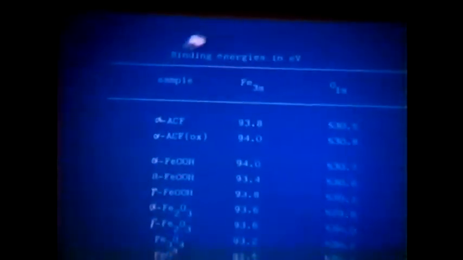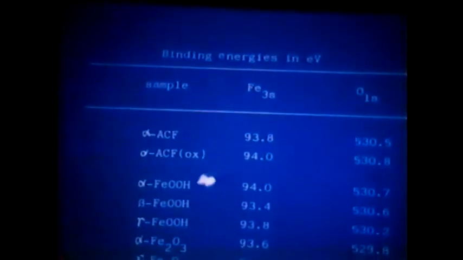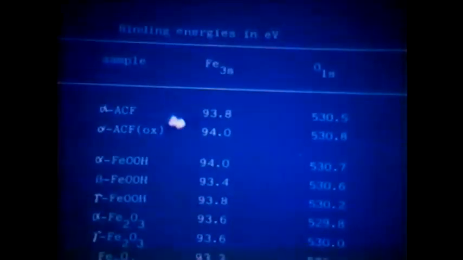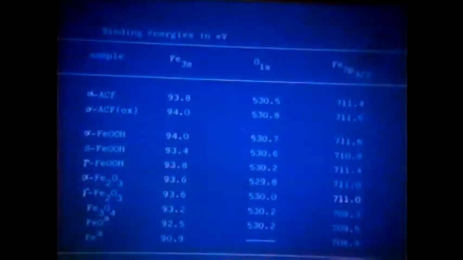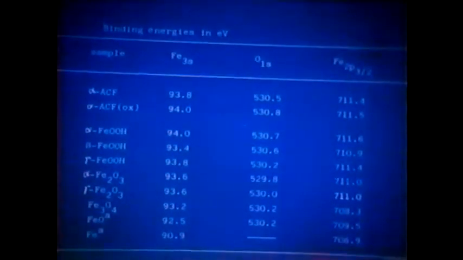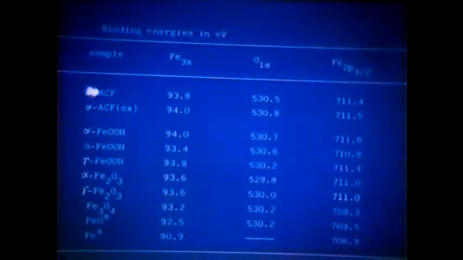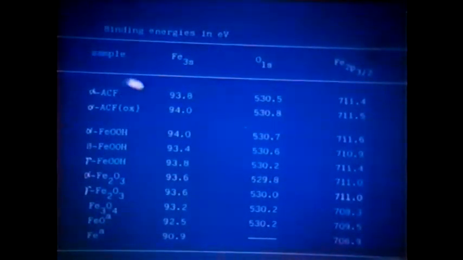This table shows binding energies obtained by XPS. The binding energies of these samples are almost identical to those of alpha-FeOOH. So we consider the substance on the ACF must be fine alpha-FeOOH. We regard these samples as alpha-FeOOH highly dispersed activated carbon fibers.